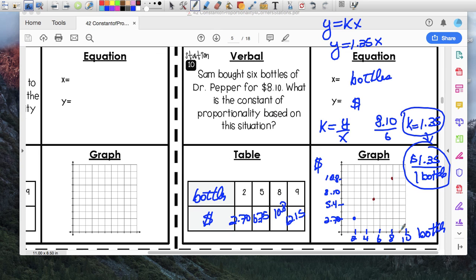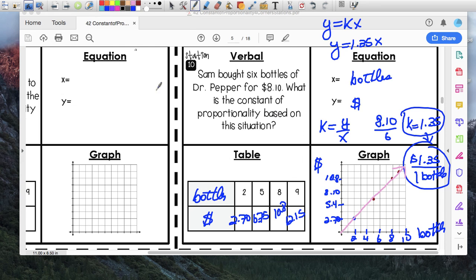And then 9 bottles is here, and it's probably going to be 12.15, right there. Okay, so, oops. Let's draw a better line than that. That's my graph. Oh, I forgot the equation.